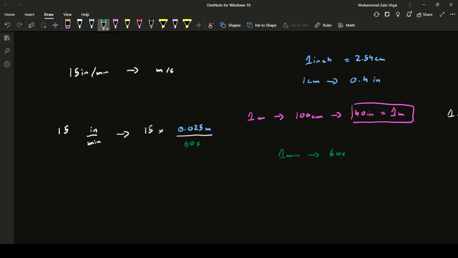So if I solve them with my calculator, I'd get 0.00625 meters per second. This would be my final answer.